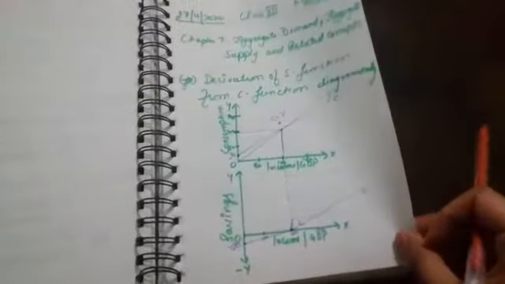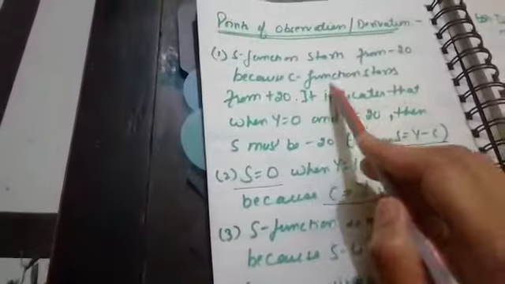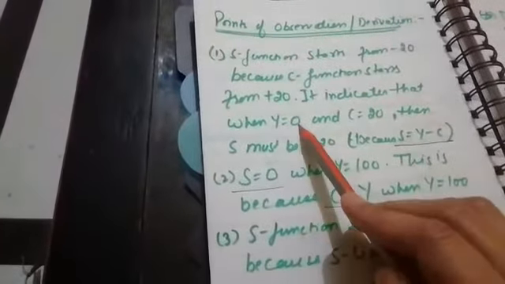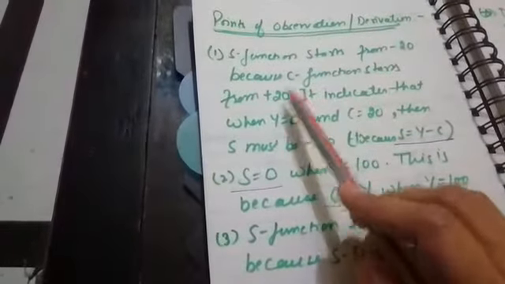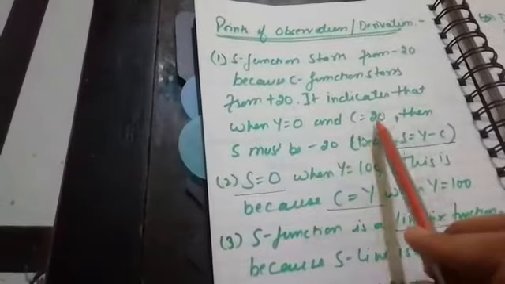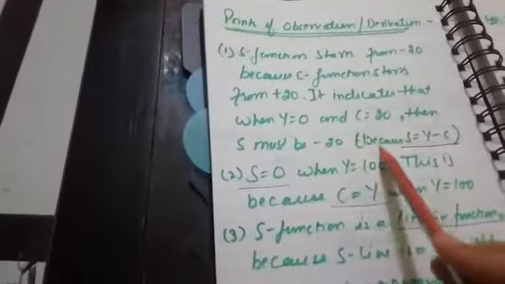Clear? Now we also have to write its observations. First point: the S function starts from minus 20 because the C function starts from plus 20. It indicates that when income is equal to 0, then consumption is 20. That means saving must be minus 20, because saving is equal to income minus consumption.